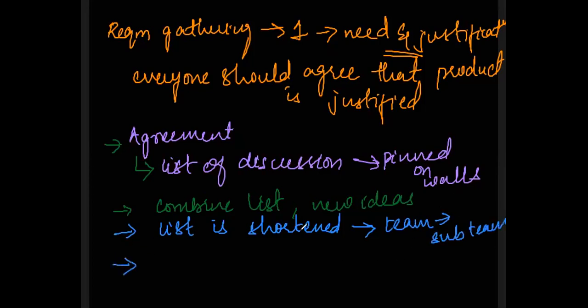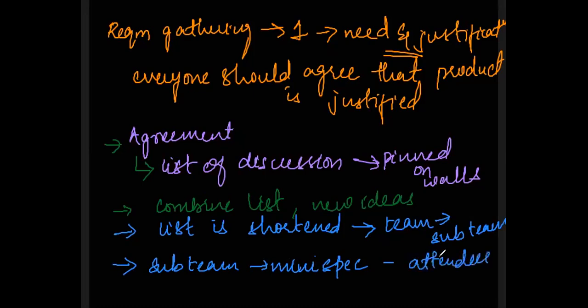Now, when all of the sub teams are identified, each sub team is going to present the different mini specifications. A sub team can focus upon multiple features that fall within this category. So each sub team is going to present the mini specifications to all the attendees in the meeting.